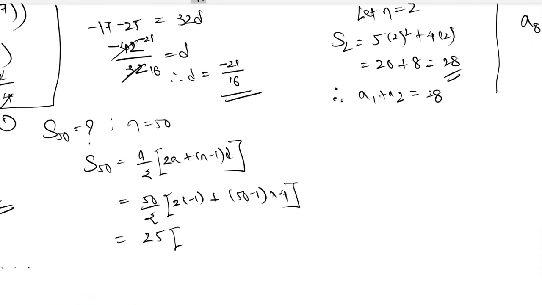25 bracket 2 into minus 1 is minus 2 plus 49 into 4. 49 fours are, I think, 196. 49 multiplied by 4, 196, it's correct.